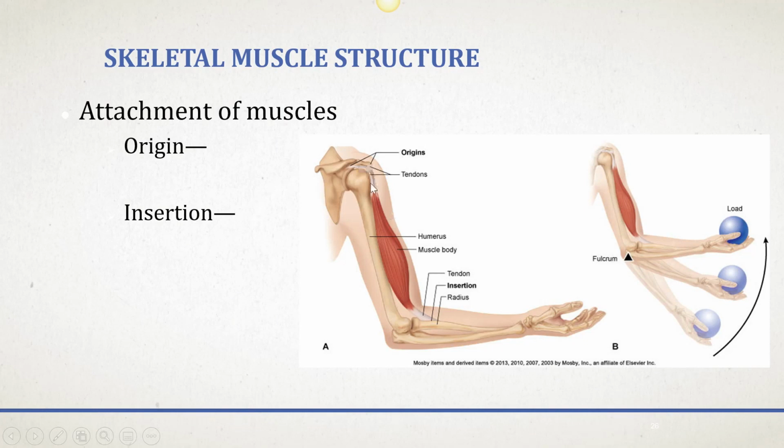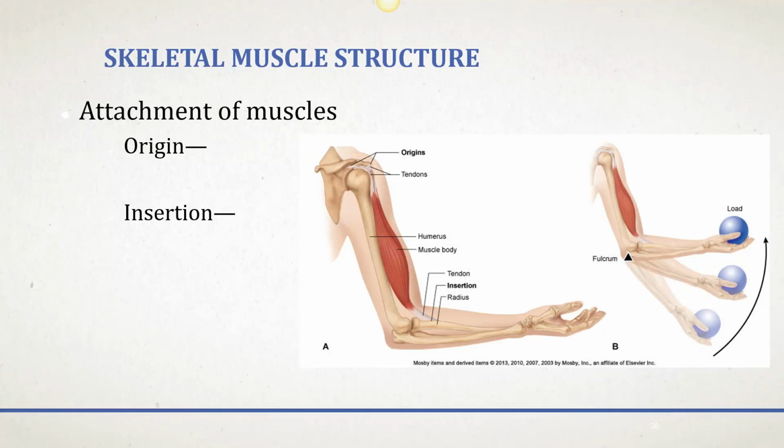Instead, it originates up here at the top and it inserts down here in the radius. The insertion will always move toward the origin. So as this muscle contracts, the insertion is pulled toward the origin and it causes flexion at this joint.